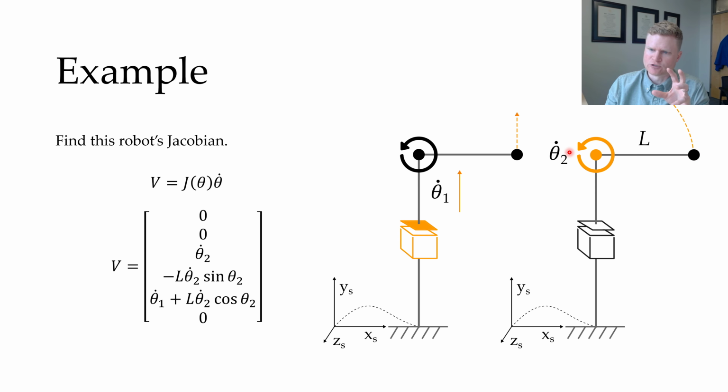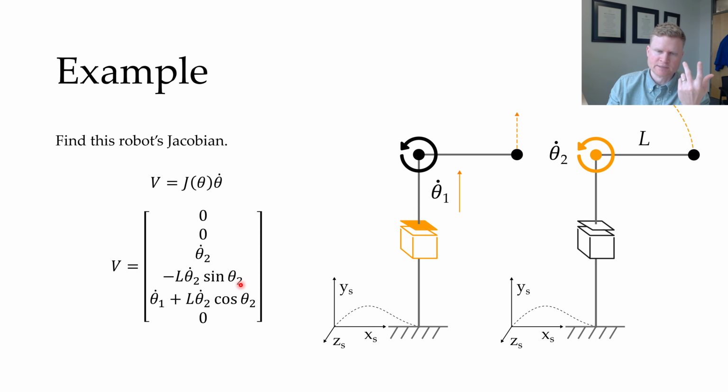First, let's talk about the angular velocity. So my angular velocity is going to be 0, 0, theta 2 dot. That makes sense. This thing is rotating around the z-axis, so it has an angular velocity that's strictly in the z-axis. Seems good to me. Now for the linear velocity, like I said, I'm tracing this circle in position, I'm taking the tangent of that to find my linear velocity, and that's what you're seeing right here with a radius of L. So if you look at this specific point, when the robot is at this configuration, my linear velocity should be pointing straight upwards.